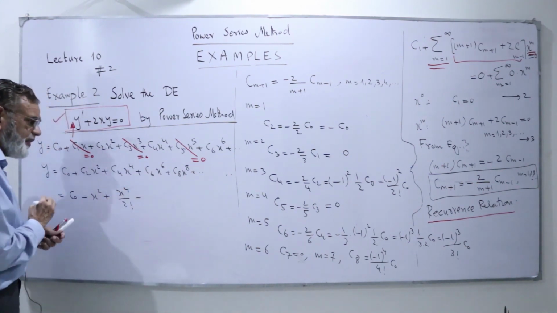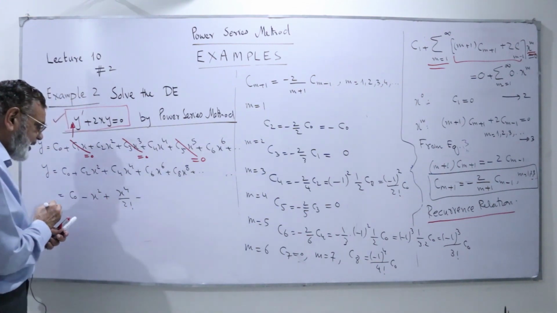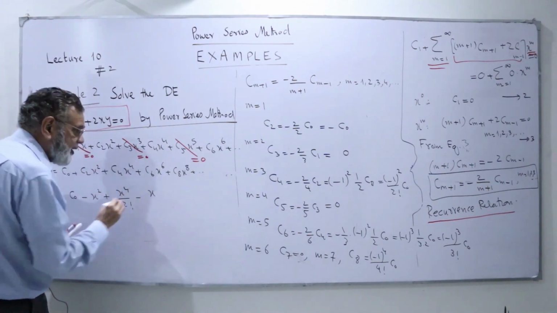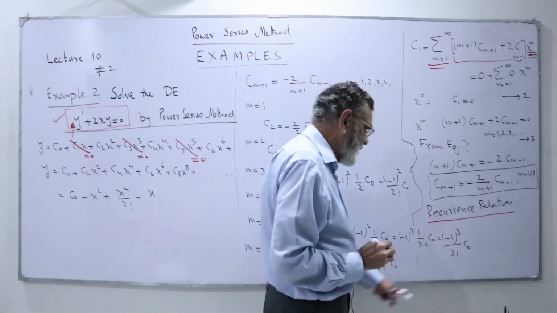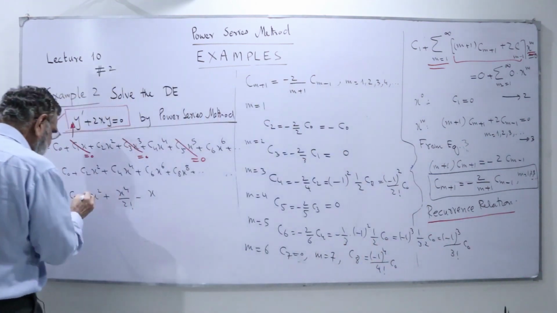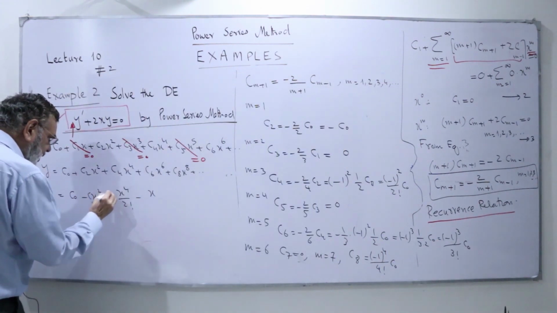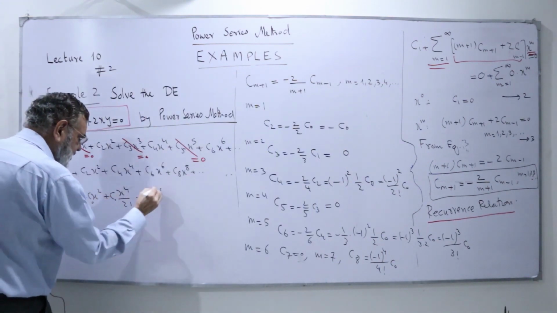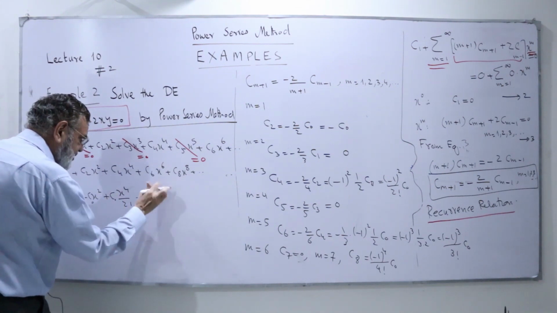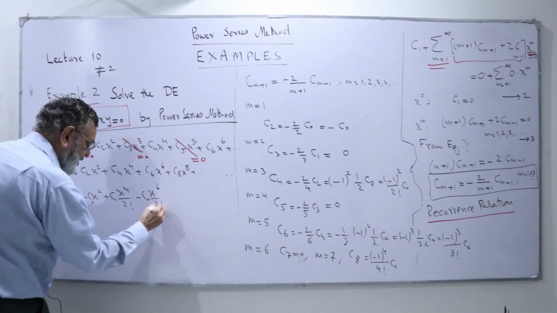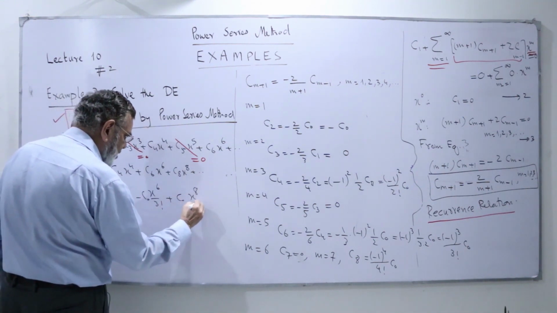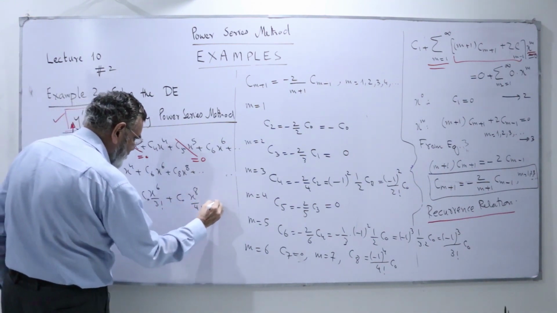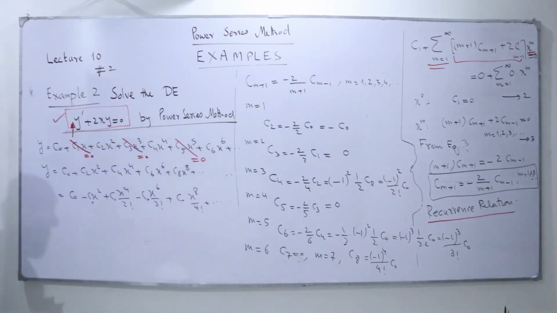And then plus here again minus C0 x to power 6 over 3 factorial, because minus 1 to power 3 becomes minus sign, plus C0 x to power 8 over 4 factorial and so on. So this is the result I will get, the value of y, and this is my solution.